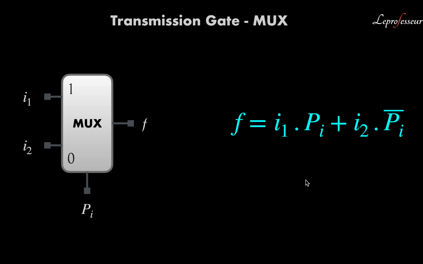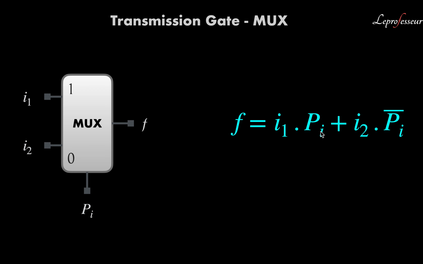We can write this in the form of an equation. Whenever PI is 1, we have 1 AND I1, so whatever is on I1 tends to F, because when PI is 1, its inversion becomes 0. So the whole I2 ANDed with PI bar will be 0, and you end up transmitting I1 to the output side when PI is 1.